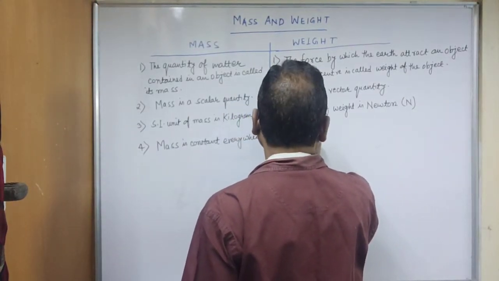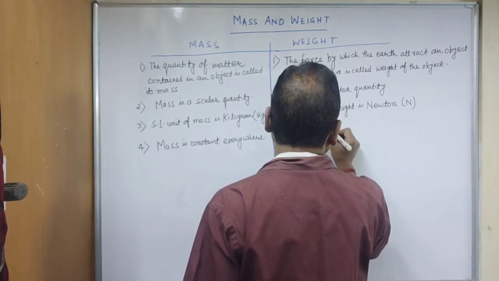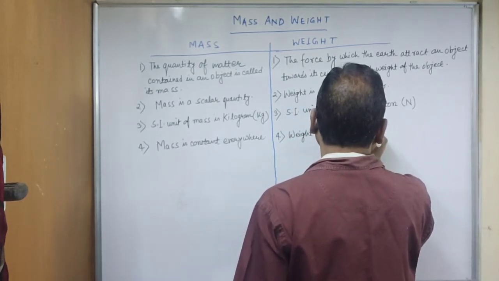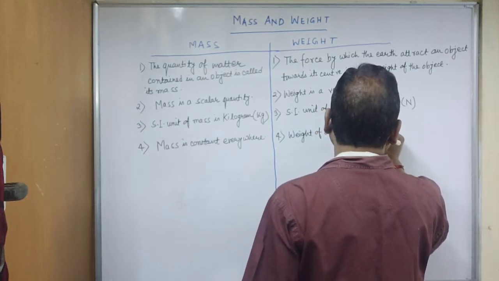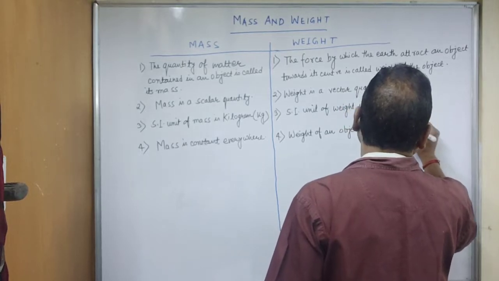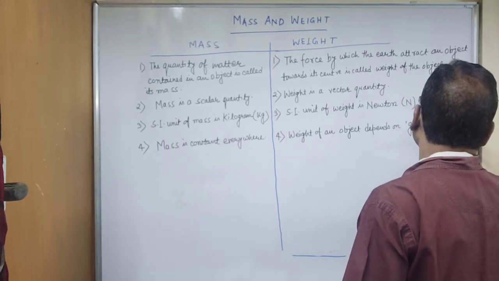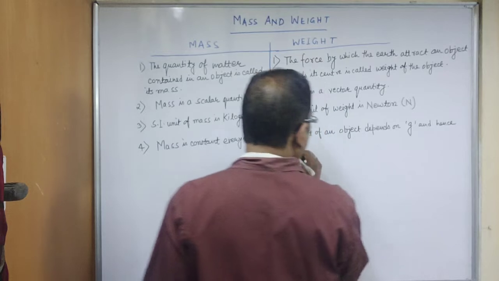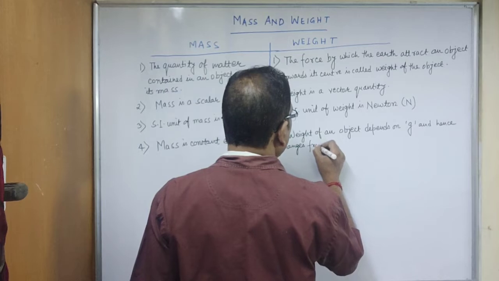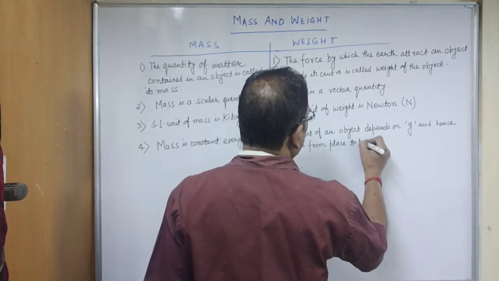Then for weight you write: weight of an object depends on g, acceleration due to gravity, and hence changes from place to place.